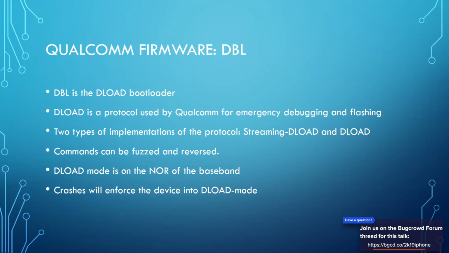Luckily, I found open source libraries that pretty much already implemented the structures of these commands that you can send to it through raw USB packets, high-speed USB packets. And this DLOAD mode is on the NOR of the baseband. So yeah, you can pretty much not break it. It's to prevent the baseband from breaking.